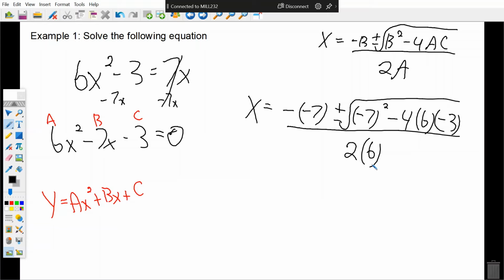All right, let's start to work this out. Negative 1 times negative 7 is going to be positive 7, so x equals 7 plus or minus. In here we've got negative 7 squared, which is 49.